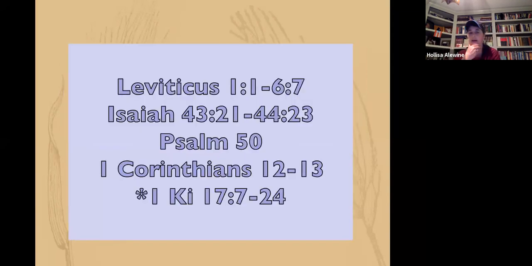So that's why I added 1 Kings 17:7 through 24, because it's the story. I isolated right there the story. And again, he's teaching through story, which is much easier for us to absorb. Although sometimes the challenge is, as we're reading the story, we tend to get caught up in the story instead of the theme of the story.